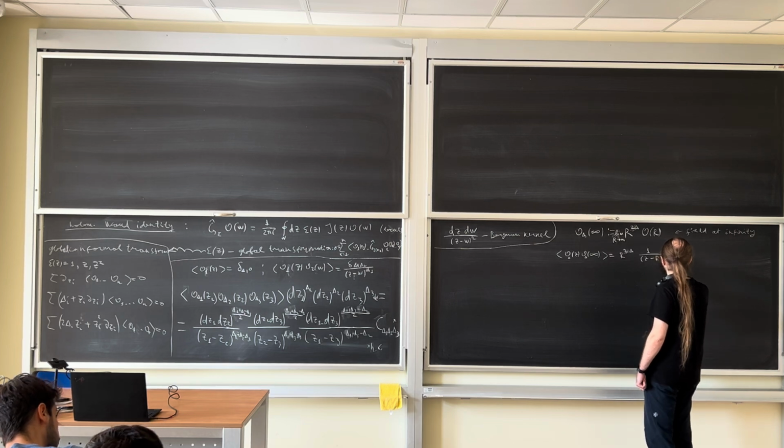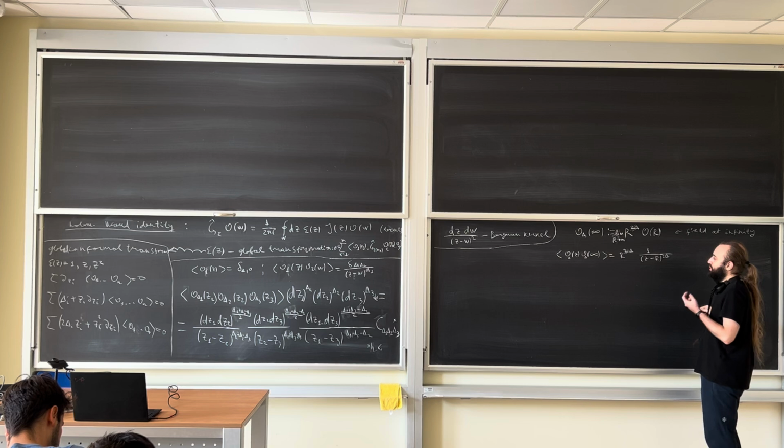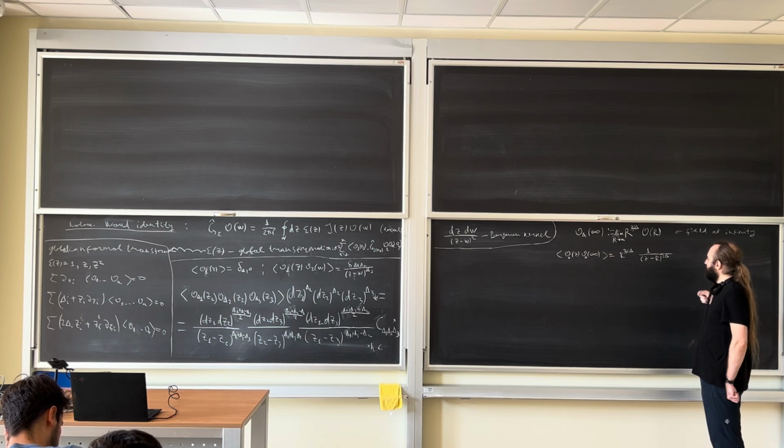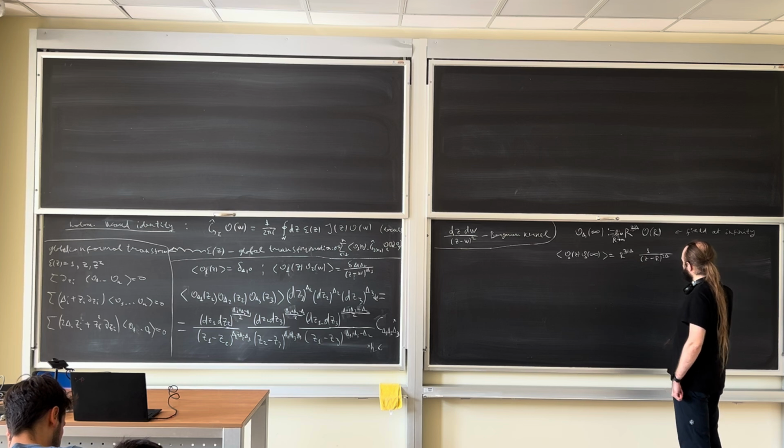I will neglect all possible roots of unity, because in principle it should be multiplied by the anti-holomorphic correlator, so I will forget about this.